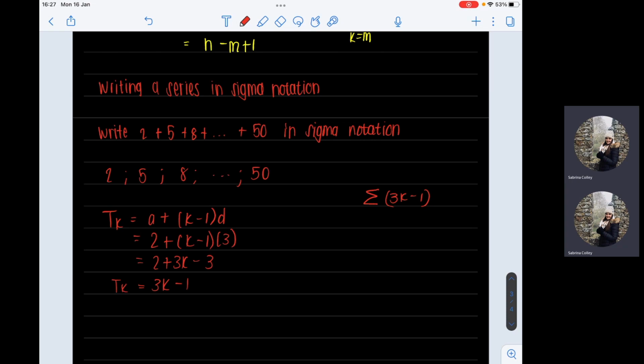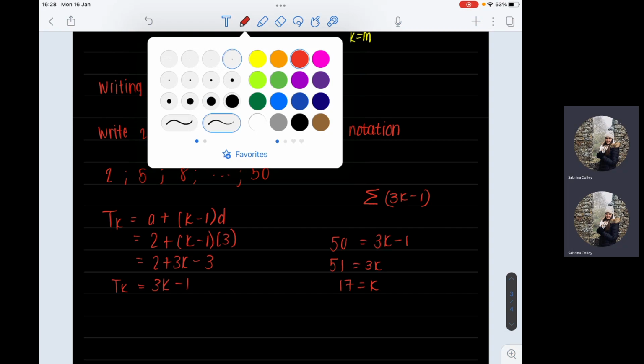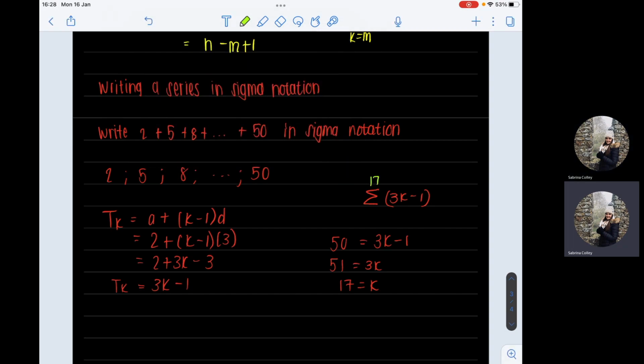So if I find which term number gives me 50, that would be 51 equals 3k, and that gives me 17. So term number 17 gives me 50. So I know that the last term is term 17.